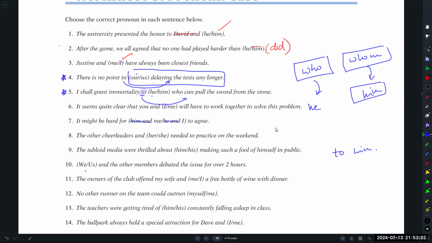Yeah, so it's for him and me. So जब आप आधे को उड़ाते हो guys, then it becomes easier to process. ठीक है, the other cheerleaders.